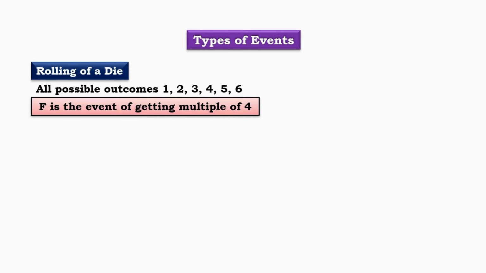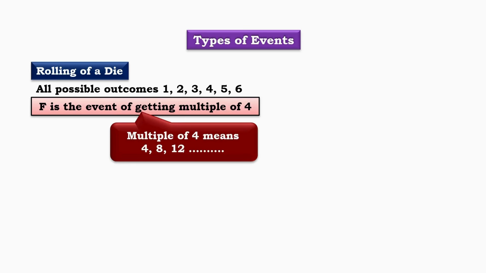Now, rolling of a die, all possible outcomes are 1, 2, 3, 4, 5, 6. Let us take an event F, the event of getting a multiple of 4. Multiples of 4 are 4 multiplied by 1 is 4, 4 multiplied by 2 is 8, 4 multiplied by 3 is 12.